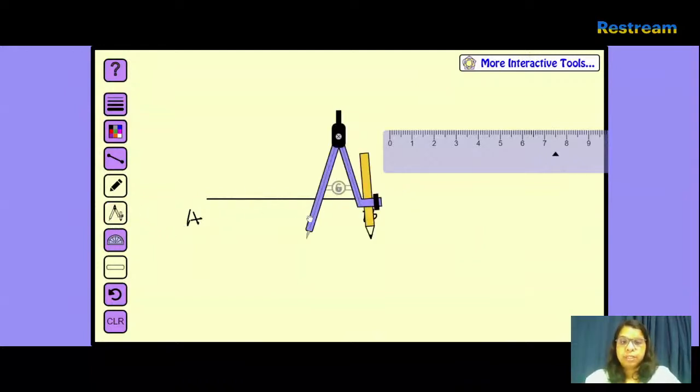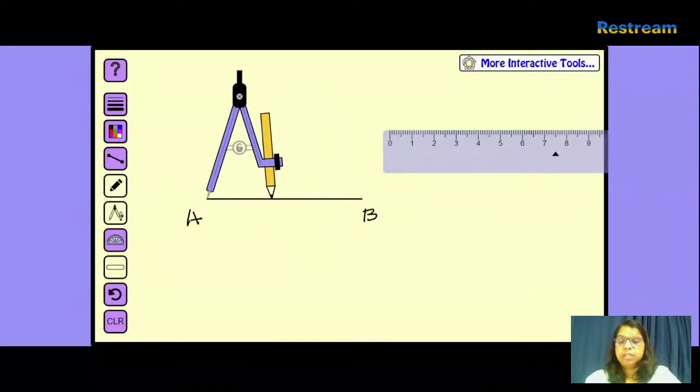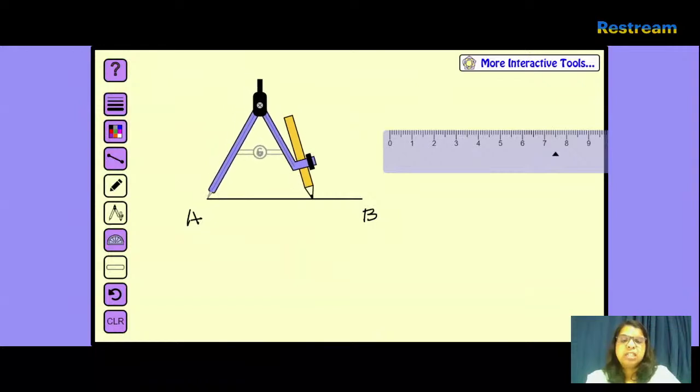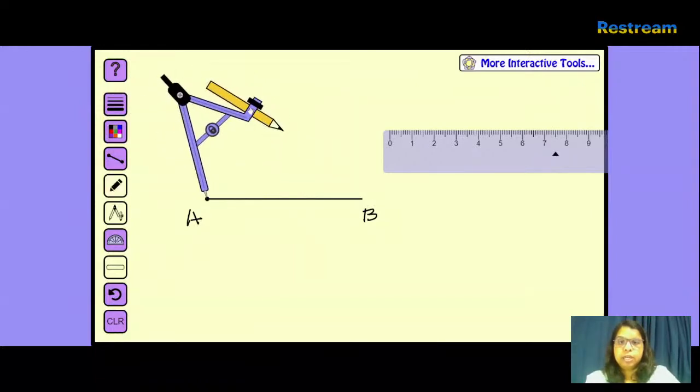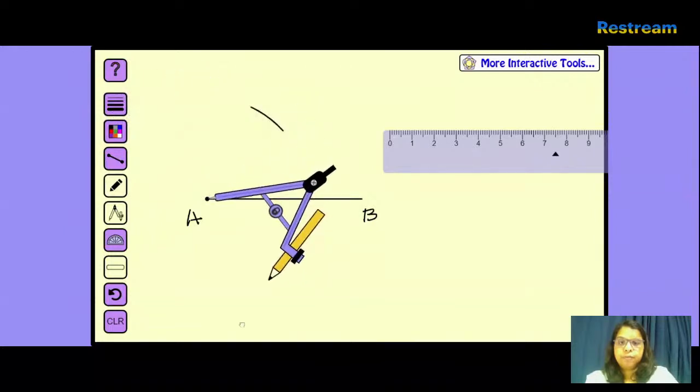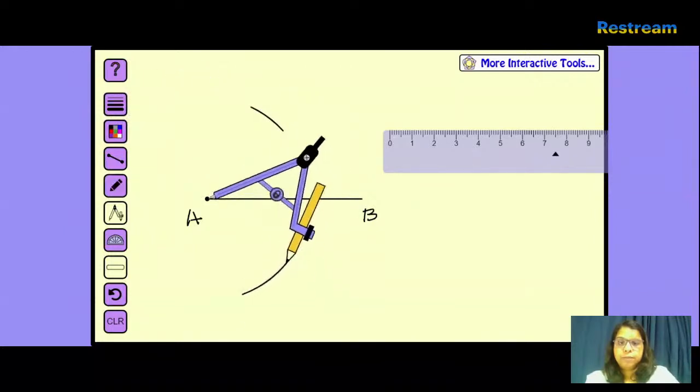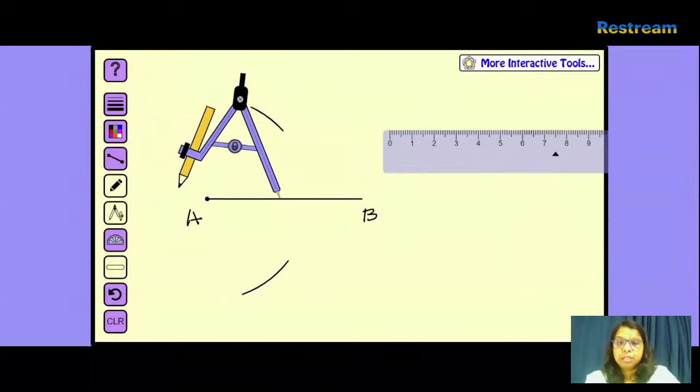Now take your compass and bring its point on A, and take a distance roughly more than half of the line, and draw an arc on this side and also on this side. Make sure that you take the same distance.